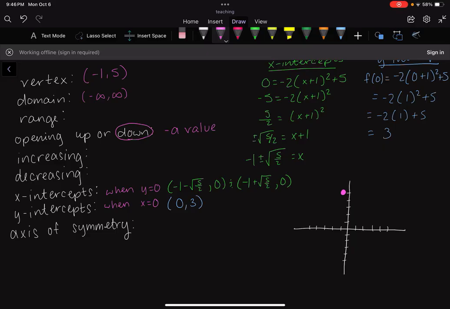It's saying negative 1 minus, and then I don't know, that's just some kind of fraction. 5 over 2, so that's roughly like 2.5, and then the square root of that, so really small. So it means that it's not going very far. So although I may not actually plot them, it's good to just know roughly where they're at.